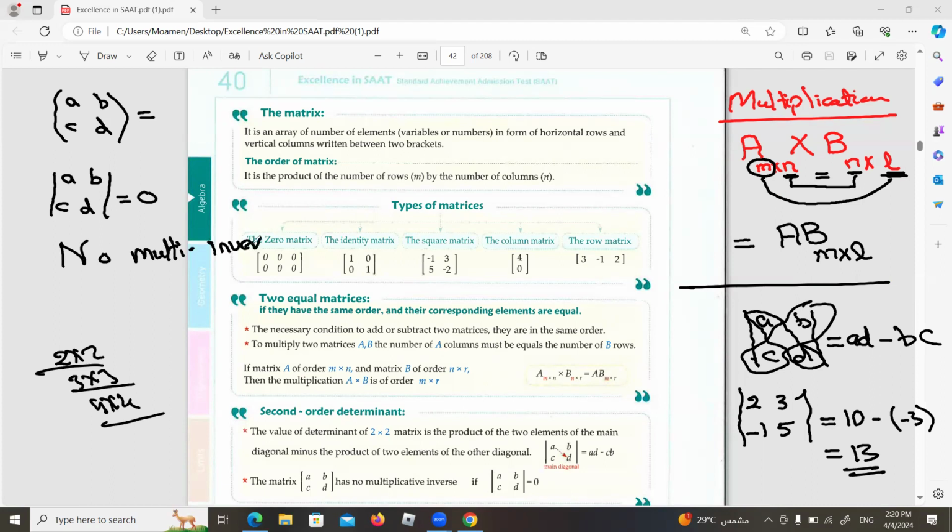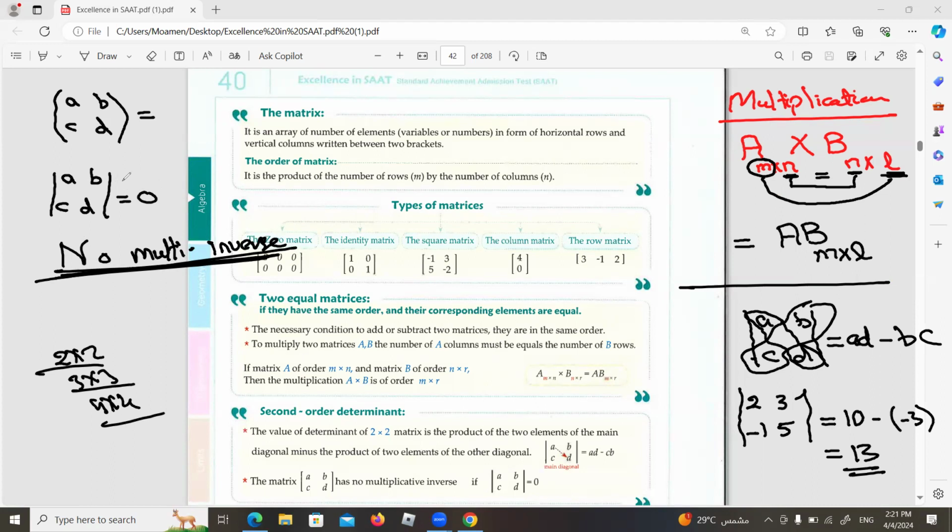The multiplicative inverse exists for the matrix if the matrix determinant is not equal to 0.